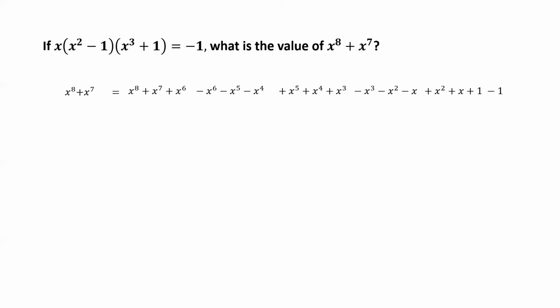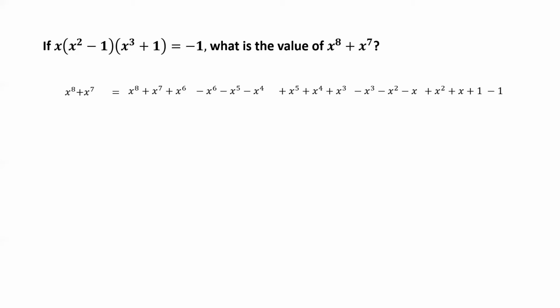So the next set of terms I end up with is x to the power 5 plus x to the power 4 plus x to the power 3. Now, to maintain parity, I need to subtract x cubed. But then I again add to this negative x squared and negative x, so I have the same order of descending exponents of x. And then I add back x squared plus x.